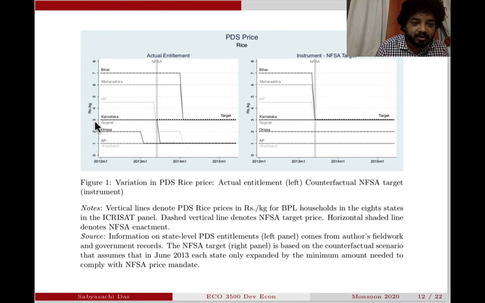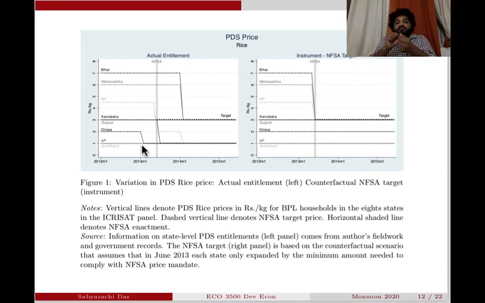Similarly, Karnataka was at the stipulated amount of 3 rupees, and then it went below to 1 rupee after NFSA, even though they didn't have to, because they were already at 3 rupees, but they reduced it even further. Okay, and same for Odisha. So Odisha also was below the stipulated amount. It was already selling it at 2 rupees, but then, even before the NFSA came in, it reduced it to 1 rupee.